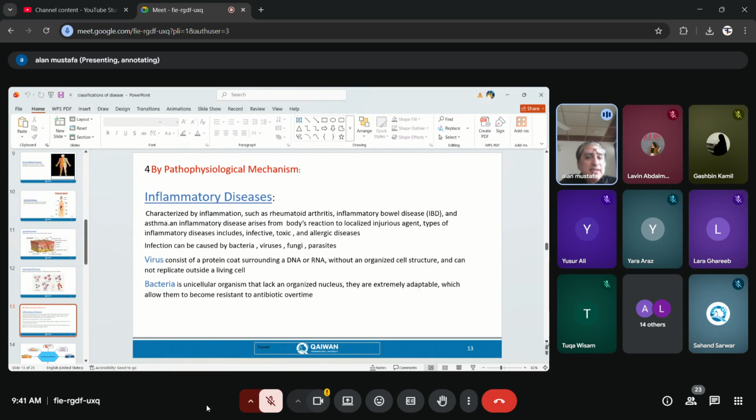This happened because of the adaptability of some viruses. They change themselves. Like bacteria, we have many antibiotics that were given for a certain bacterial infection that don't work now.